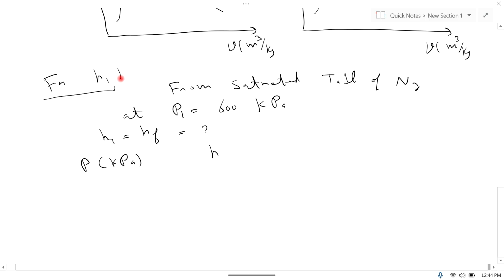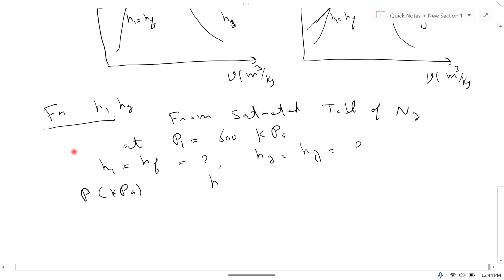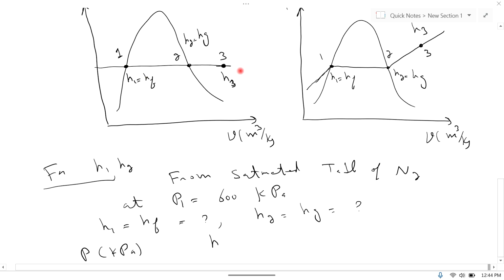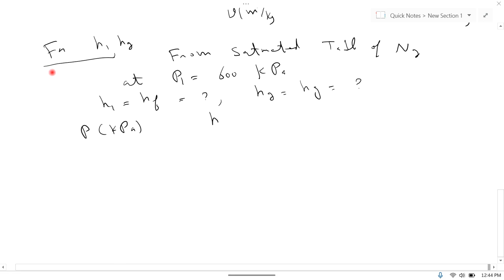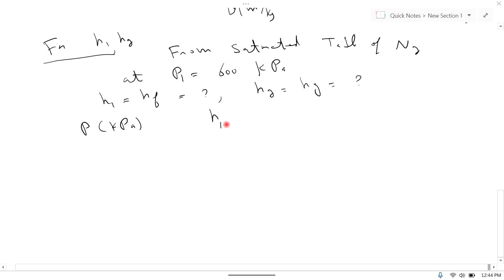Similarly, we can directly find H2, because H2 is equal to Hg, and it is also at 600 kilopascal. In both cases the pressure is 600 kilopascal. H1 and H2 are in kilojoule per kilogram.